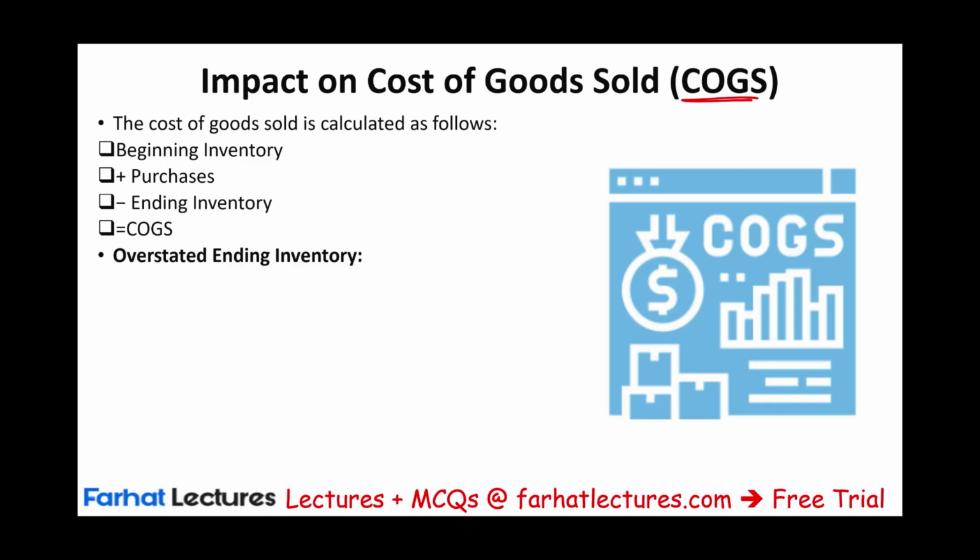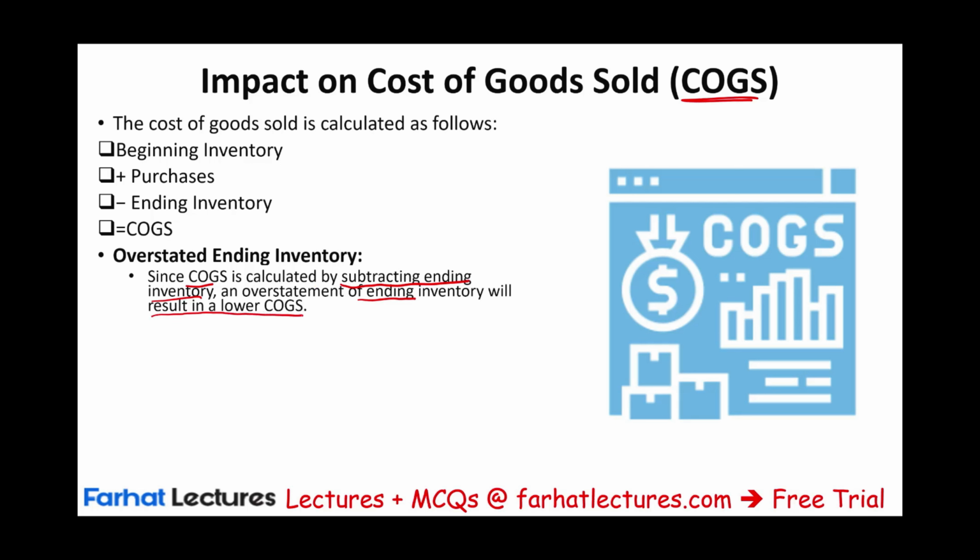Overstatement of ending inventory. What does that mean? Since cost of goods sold is computed by subtracting ending inventory, an overstatement of ending inventory would result in a lower cost of goods sold. Let me show you a simple example. Beginning inventory is 100, purchases is 50. So far we have 150.